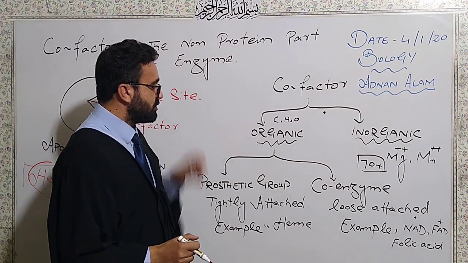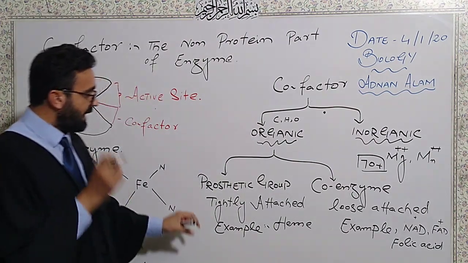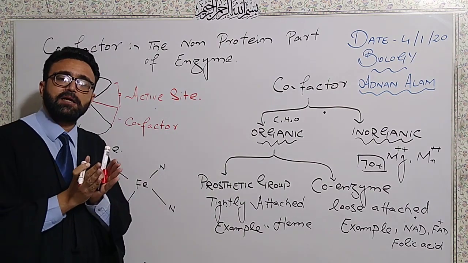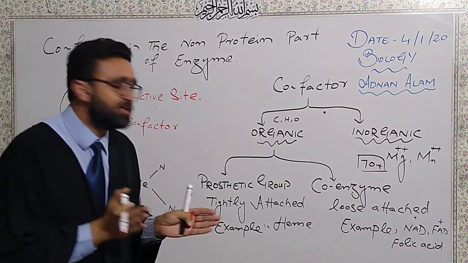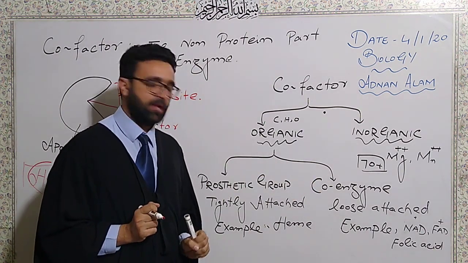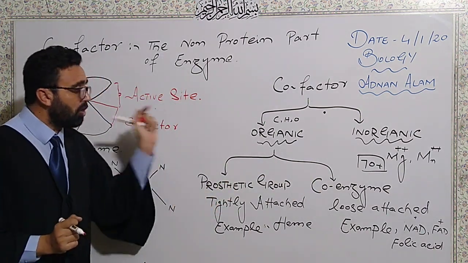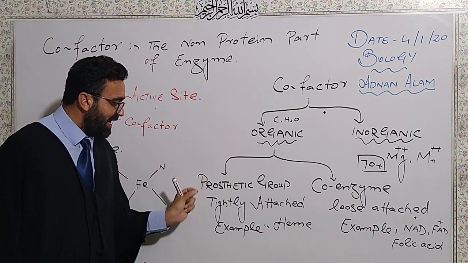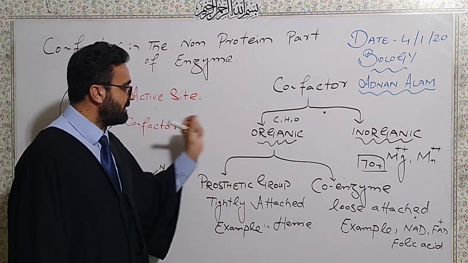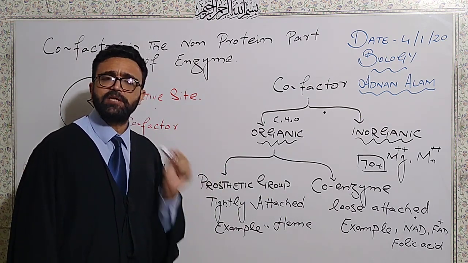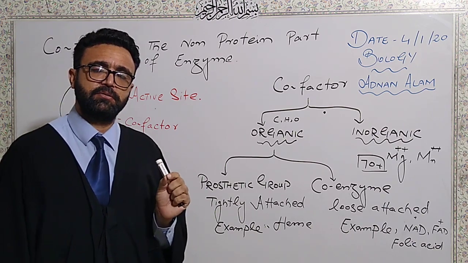The second one is organic. The organic cofactors are divided into 2 types, prosthetic group and coenzyme. Dear students, if the organic group is tightly attached with the enzyme, then this is called a prosthetic group. What does it mean by tightly attached?